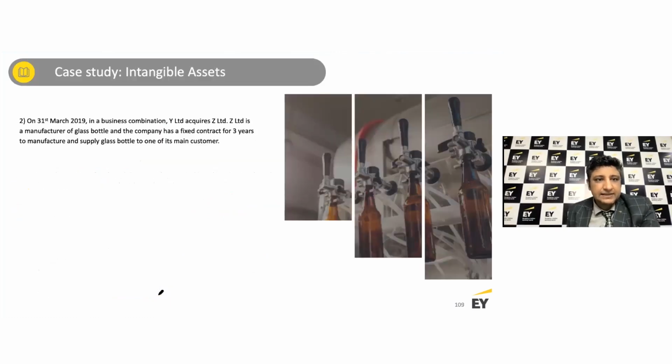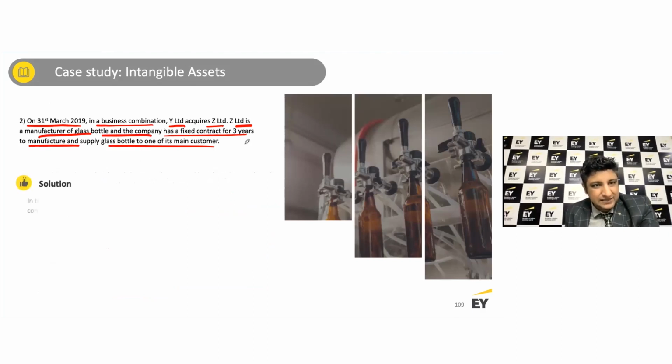Okay, let's have a look at this scenario. It says that on 31st of March 19, in a business combination, Y Limited acquired Z Limited. Now, Z Limited is a manufacturer of glass bottle, and the company has a fixed contract to manufacture to one of its main customers. Now, would this contract be eligible to be called as an intangible asset?